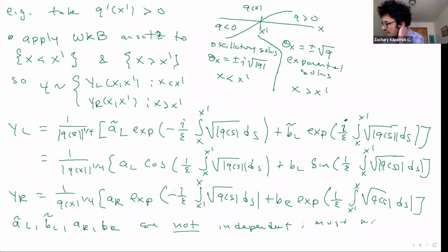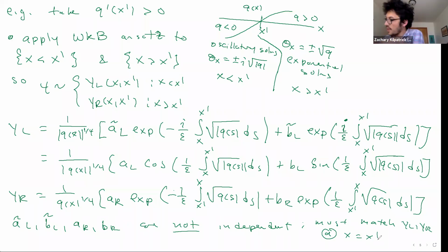So we must match YL and YR at x equals x prime. Just like we've done with matched asymptotics before, we just have to look at what happens as you approach this boundary.